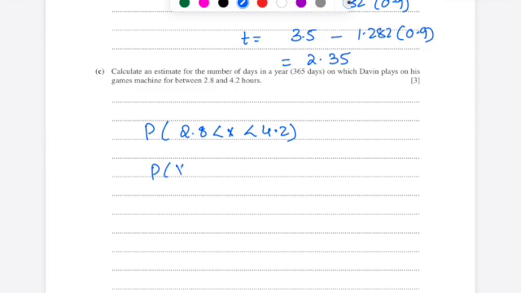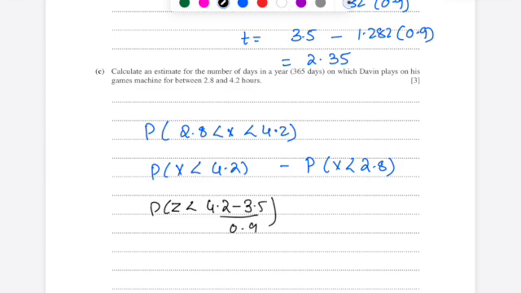So probability of x less than 4.2 minus probability of x less than 2.8. So it becomes probability of z less than (4.2 minus 3.5) divided by 0.9 minus probability of z less than (2.8 minus 3.5) divided by 0.9.